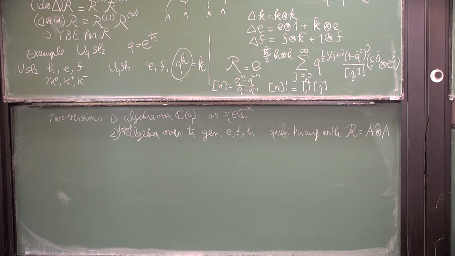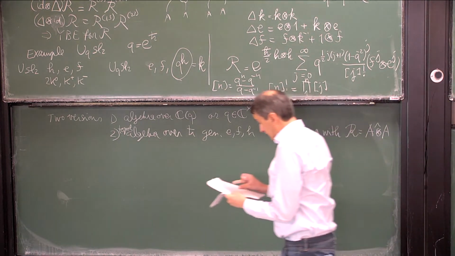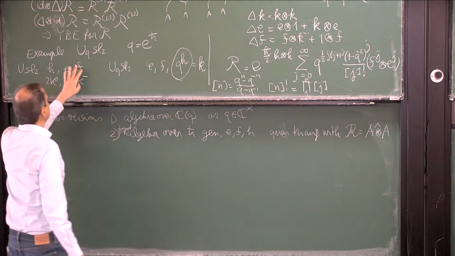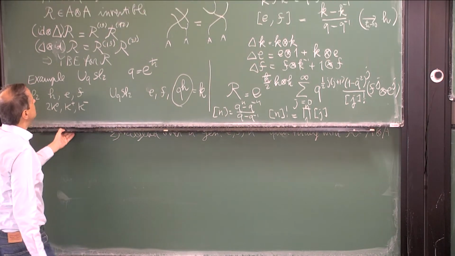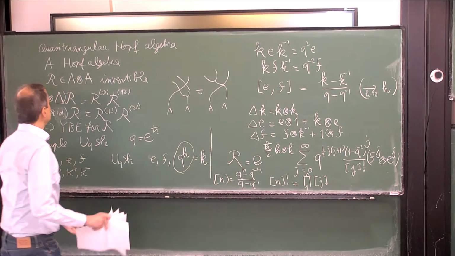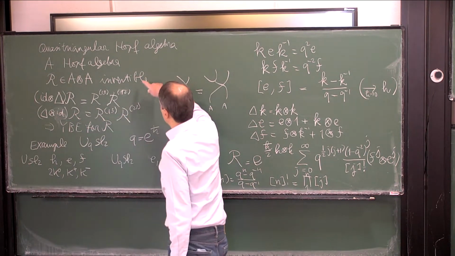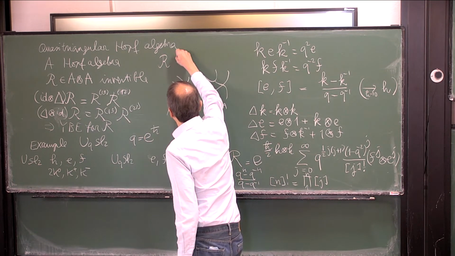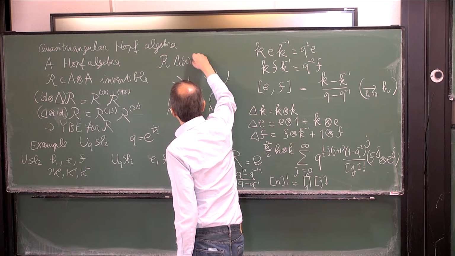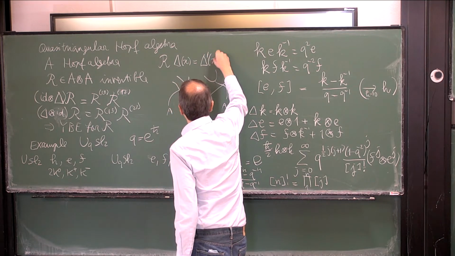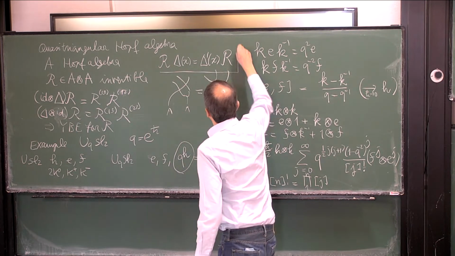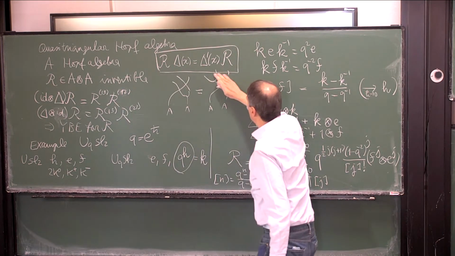Okay, so I think I missed the main fact here. Sorry. So the main property of R is that R delta of x interpolates the coproduct with the opposite coproduct.